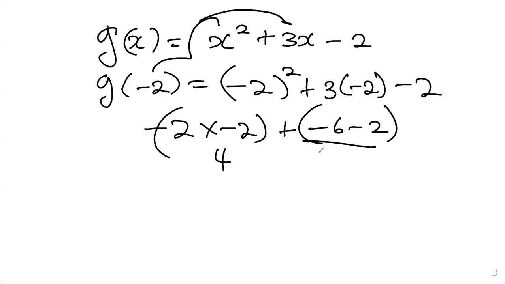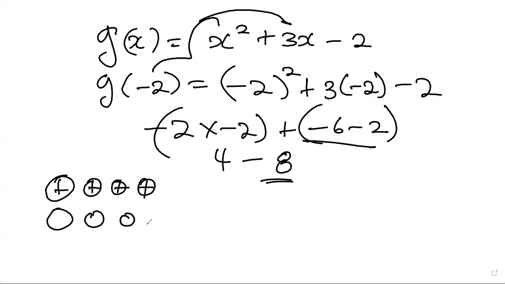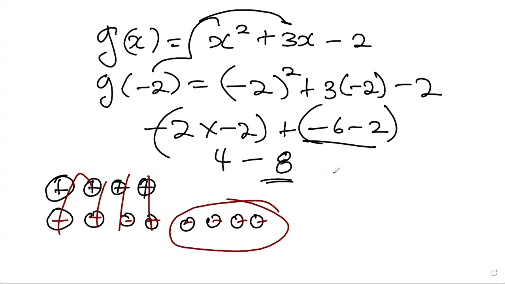Both of these are negative, so we add. So we have 4 positive versus 8 negatives. Each positive will cancel a negative, so this gone, this gone, this gone. 4 are left, but they're all negative. So that's our answer.